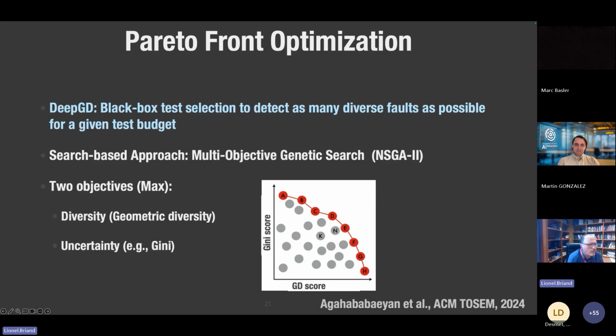Because when you update a model, and you want to make sure, if I understood correctly, the Gini scores that you get is because you are doing a classification task, right? Yes, this is an example with classification, yes. You have a softmax, I guess, and you basically compute the Gini coefficient based on this vector at the output of your network. Am I correct? Yes. For a given input, yes.